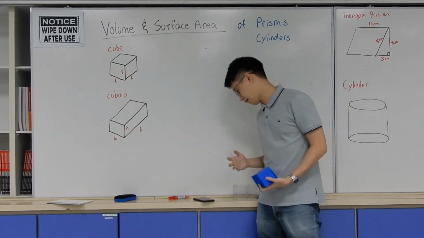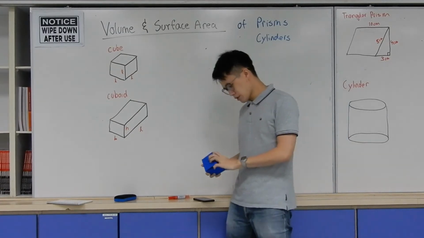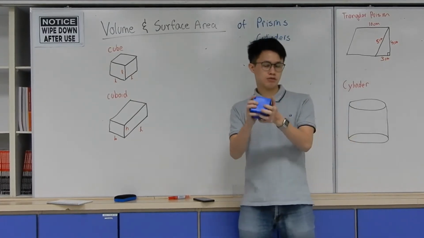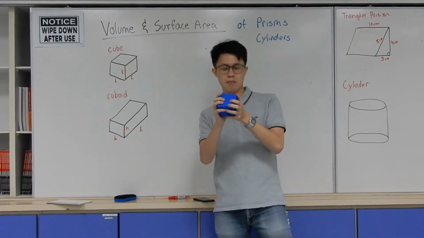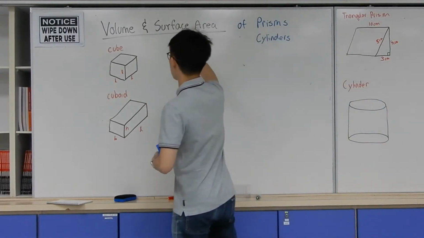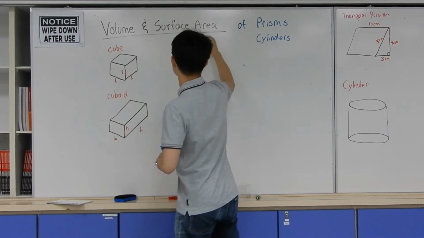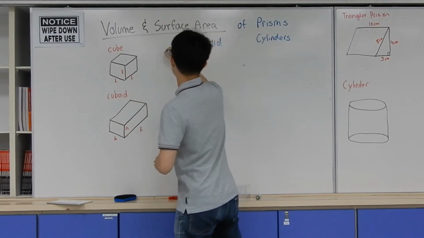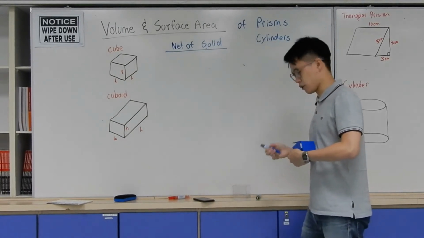Now, one unique thing about a cube and to find the surface area is to open up the shape. When I say open up the shape, we are talking about the net of the solid. So what does it mean by opening up?